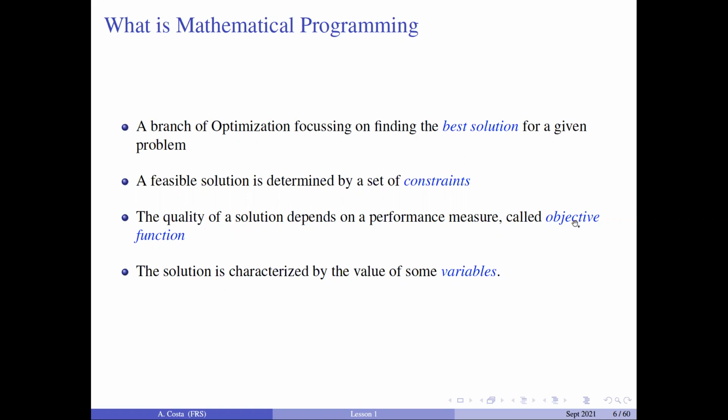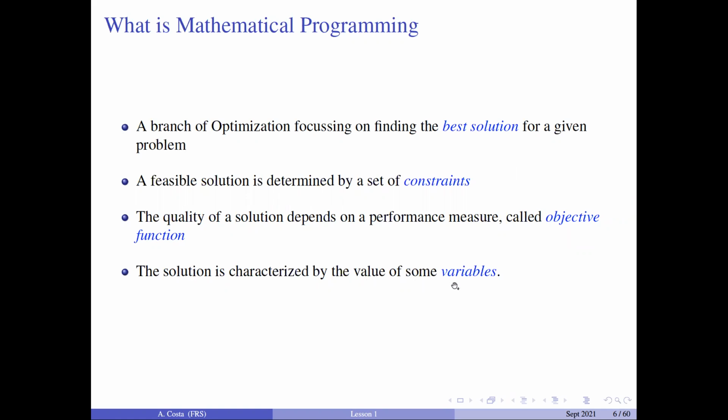And this function can be something you want to maximize or minimize. So for example, imagine you are running a company and you want to maximize your profit. Well, if you have two decisions to make, right? You have to decide to go option A or option B. What you do, you look at the revenue with option A, revenue with option B. If option A provides larger revenue, then you choose that one, it is the best solution.